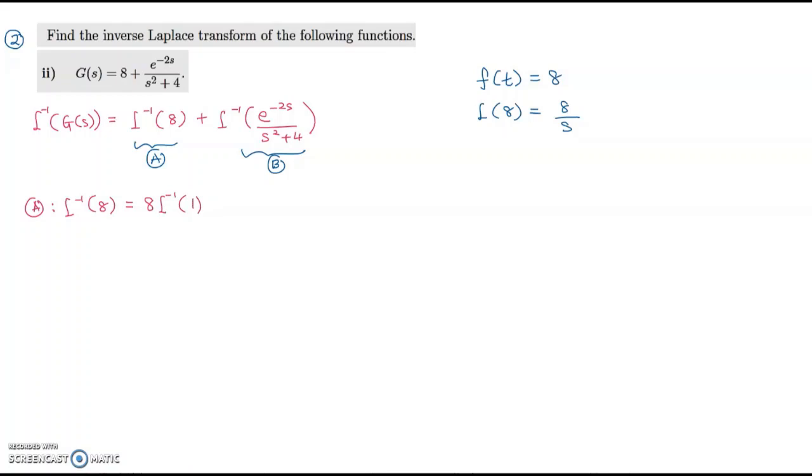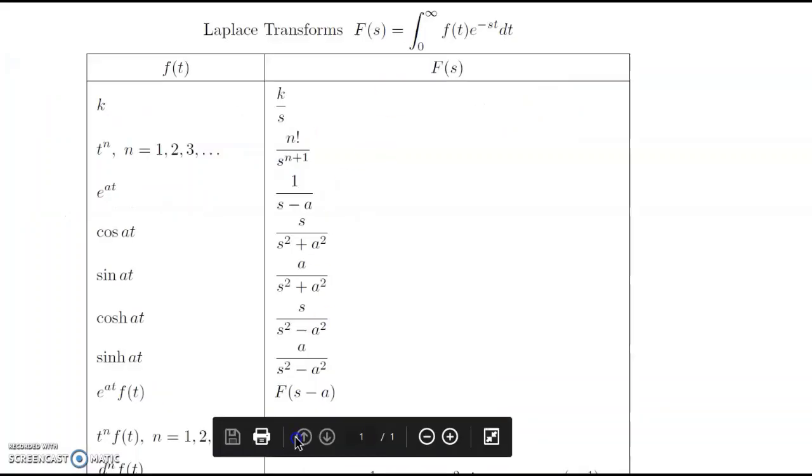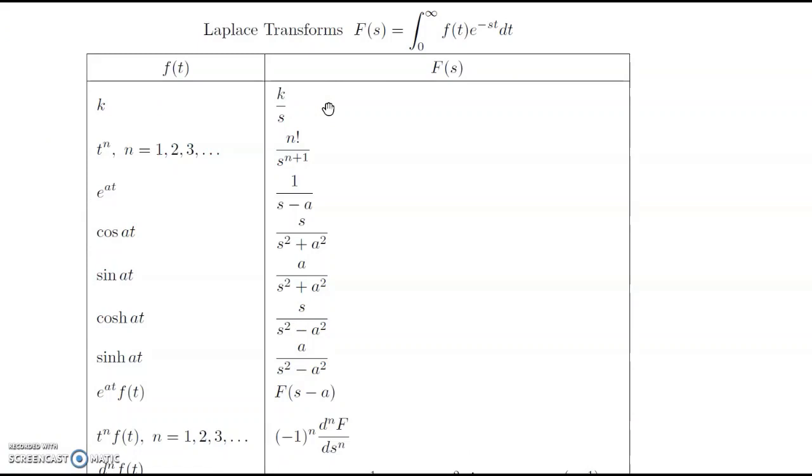Now refer back to the table, from the top here. Think of what expression can give you 1. For example, this one: you never get the 1 because it's always over s. Similarly for this one.